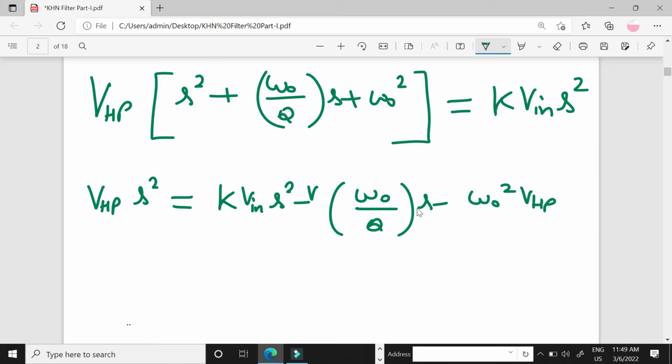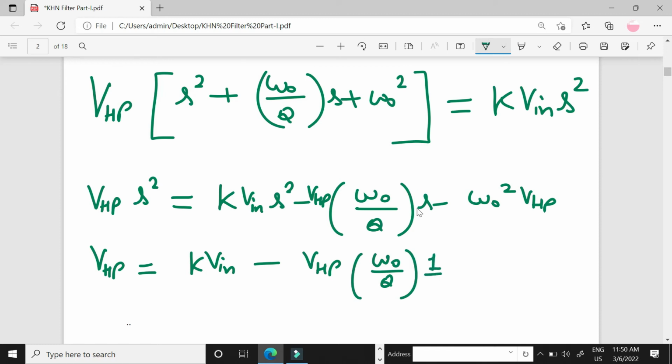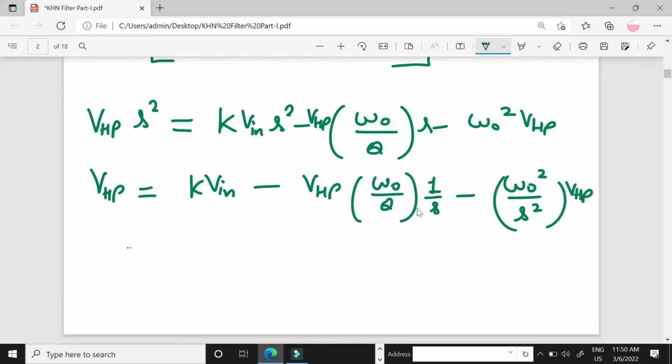Here VHP also exists. So VHP is equal to K times Vin minus omega naught by Q into 1 by S minus omega naught square by S square into VHP. Suppose this is equation number 1.